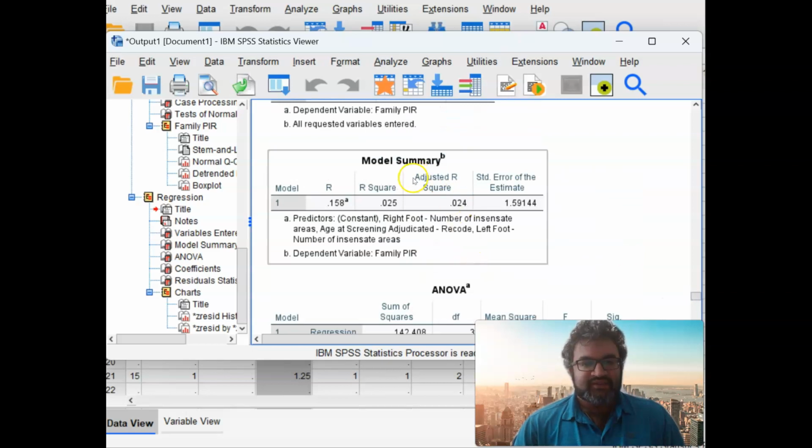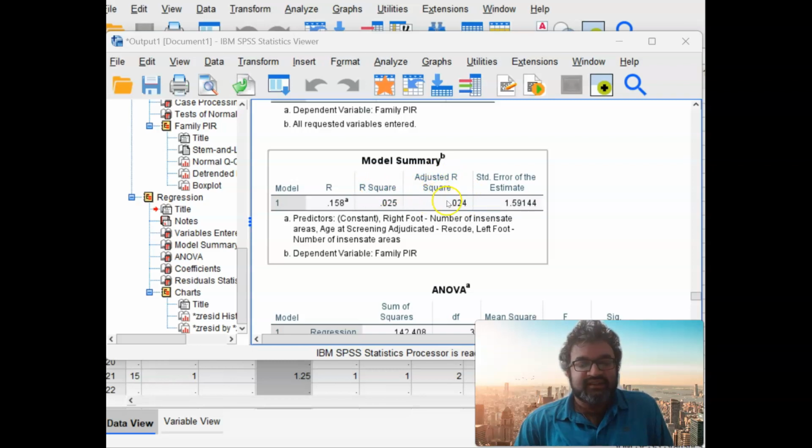So adjusted R-squared, that means that about 2.4% of the data is captured. So again, when we have multiple regression, you want to actually interpret the adjusted R-squared, not the R-squared.